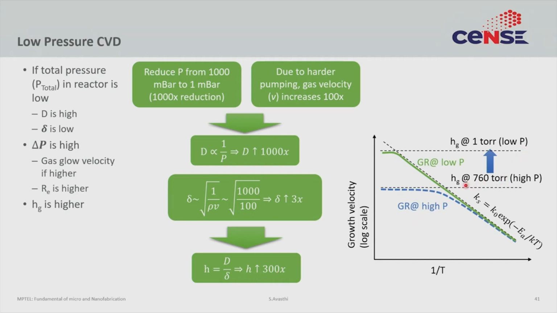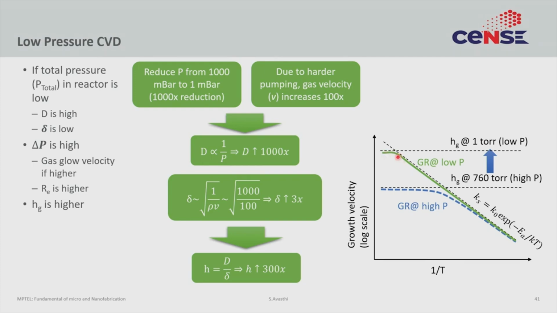Compared to the case of say 760 torr, which is the high pressure regime AP-CVD, if you go to 1 torr, you would actually have a slightly higher H. So, this regime that you had before, given by blue, at some relatively lower temperature, you would transition from surface reaction rate limited to mass transport limited. Now that you have increased the value of H, you have a longer range where you are surface reaction rate limited, and at some much higher temperature, you then become mass transport limited. So, the shape of your curve has changed, right.